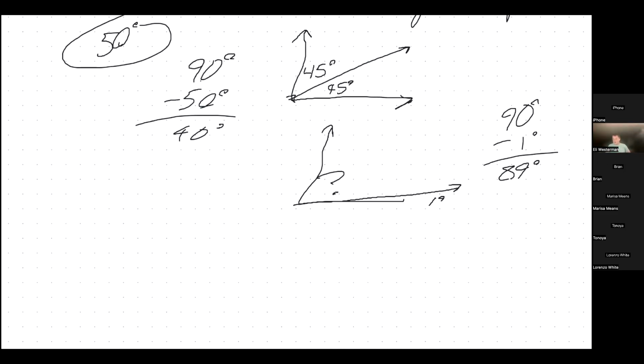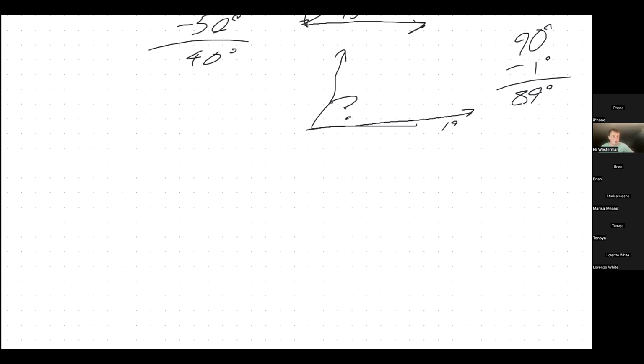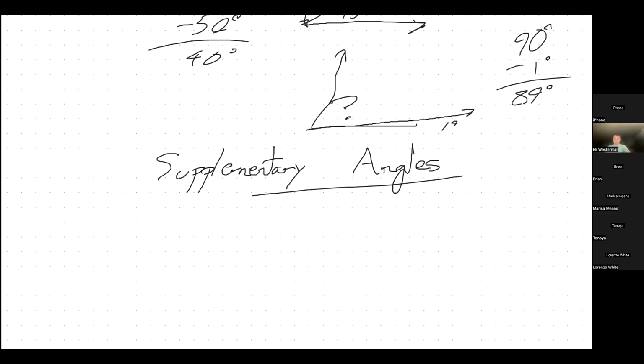So those are complementary angles. Let's now talk about another big word. I'm just throwing these at you tonight. Supplementary angles. All right, supplementary angles. So now let's say we have a line like this and we have two angles.